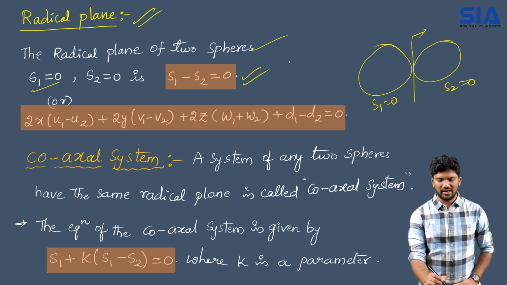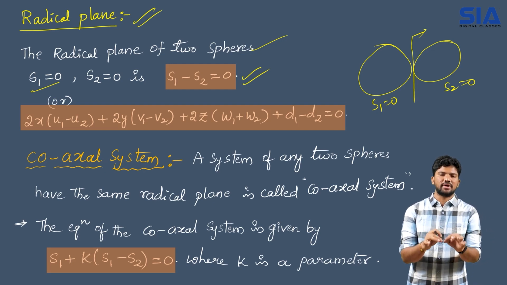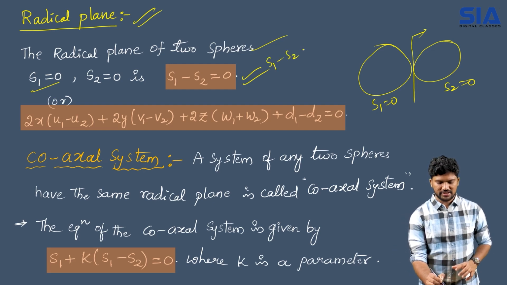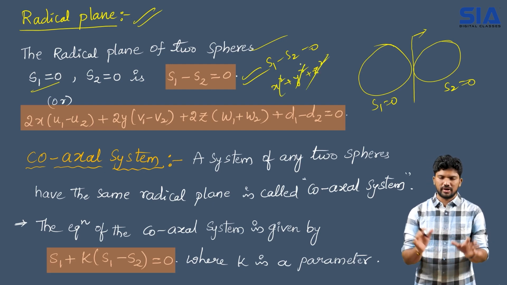Anyhow, you know very well, a plane is nothing but first degree only. So if you apply this formula S1 minus S2 is equal to 0, all the x square plus y square plus z square terms will get cancelled.